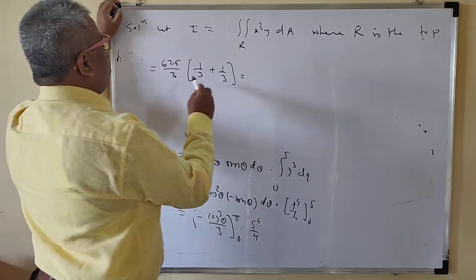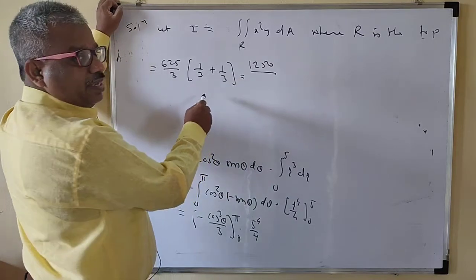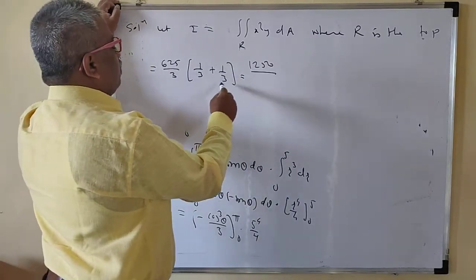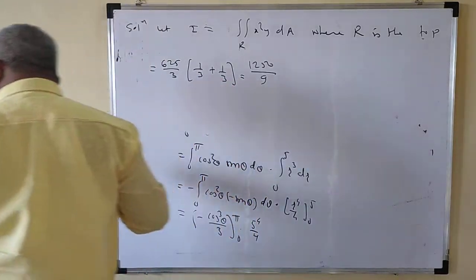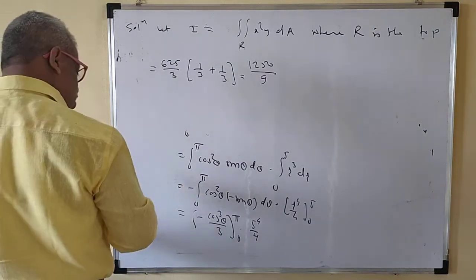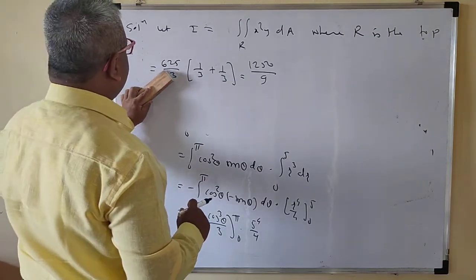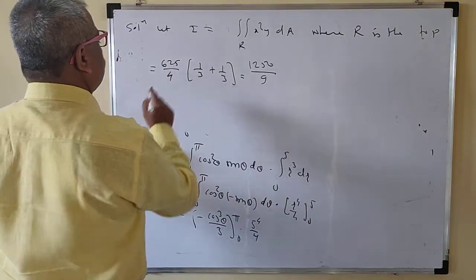Right? So this is 1250. This is 2 by 3. This is 1250 upon 9 now.